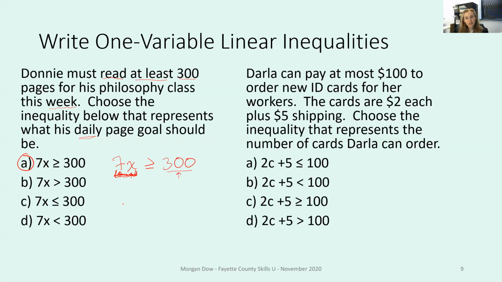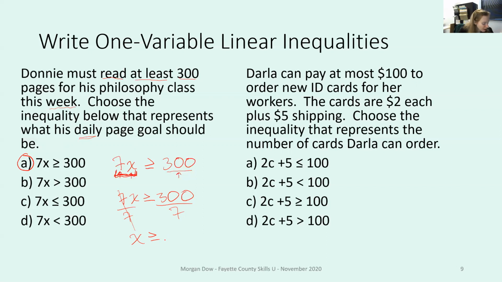And so we're going to see this more later, but we could actually go ahead and figure out what the daily page goal should be. So if you want to get to 300 pages, then I'm going to solve this just like an equation, right? It should be that x is greater than or equal to 300 divided by 7, which is equal to 42.857 pages per day.